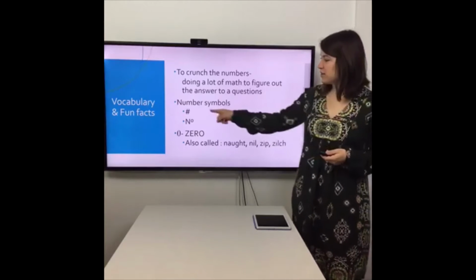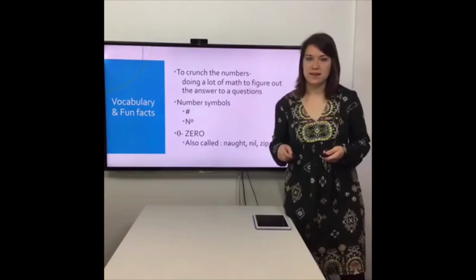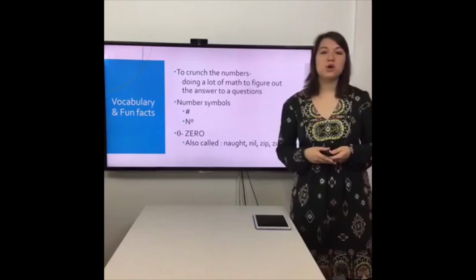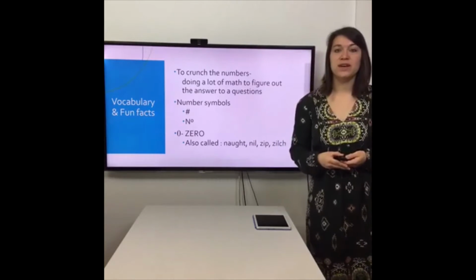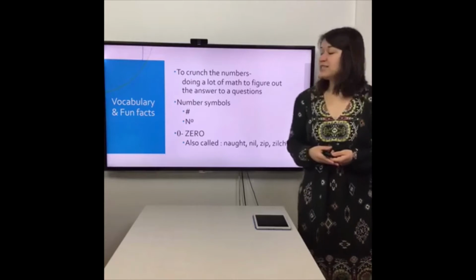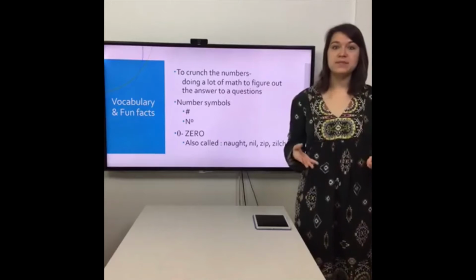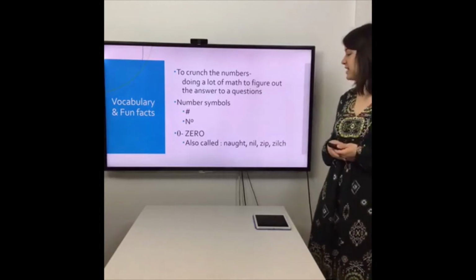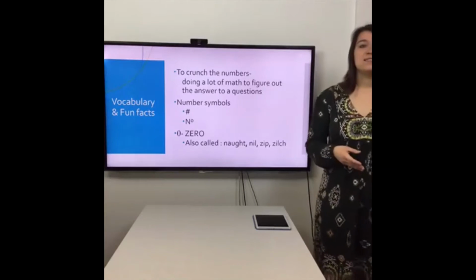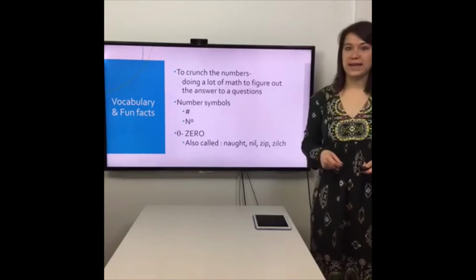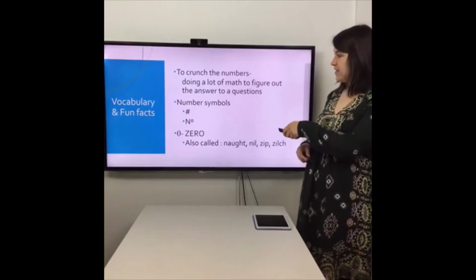But this short symbol can be used to represent numbers, and this N-O is also a shorter way to write the word number. Okay? Did you know that the number 0 has many different names? You can also call it not, nil, zip, and zilch. There are many different ways to say the number 0.